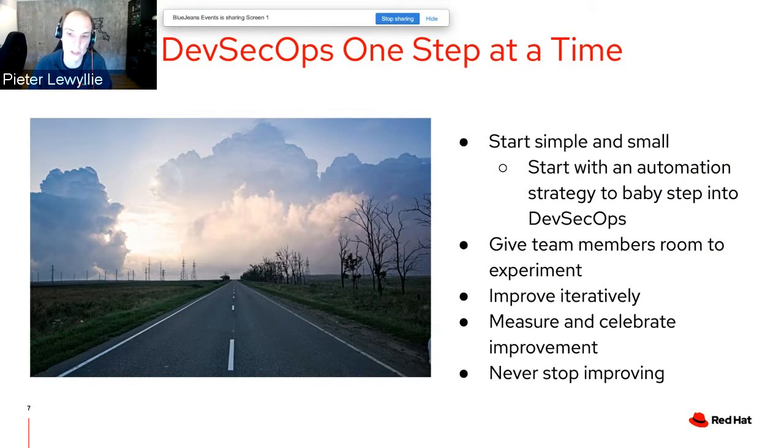So every journey is different, but almost all start with implementing one or more forms of automation. So for development, as we will see, that would, for example, be a CI system, but for networks and systems, it would maybe be a configuration management tool like Ansible, like Satellite, and so on.